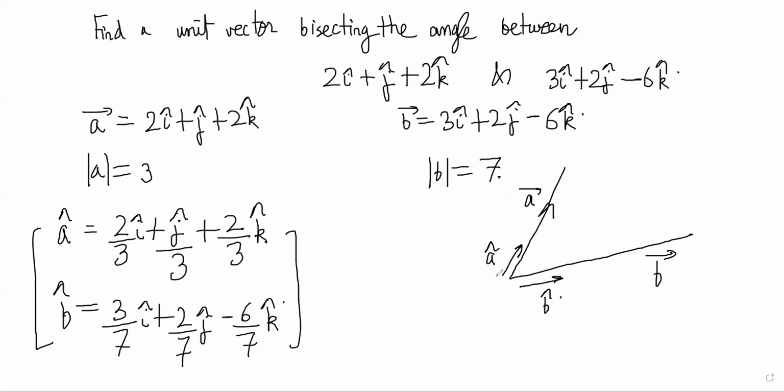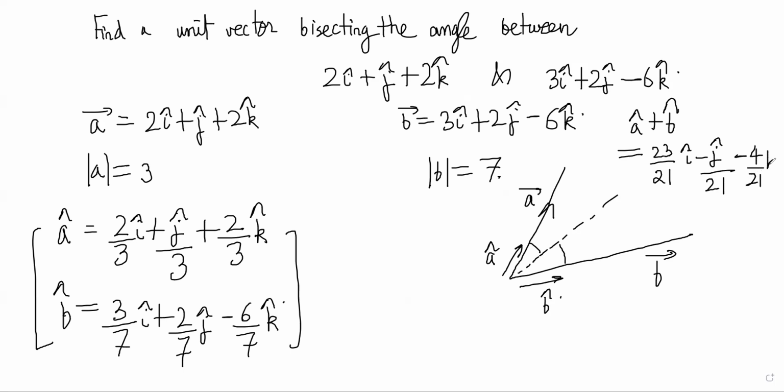So now let's find a plus b by mod of a plus b, right? If you find that vector, that should be in some direction like this. We can later prove that that vector is a bisector. So let's find the sum of the A and B unit vectors. What is that sum? That comes out to be 23 by 21 i minus j by 21 and minus 4 by 21 k.